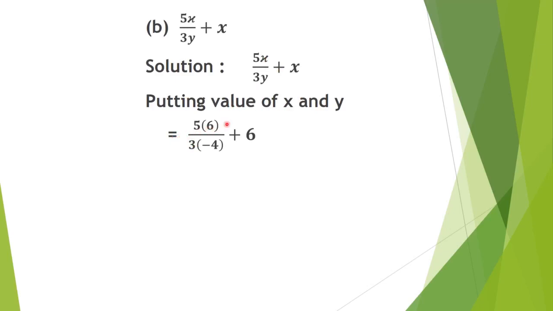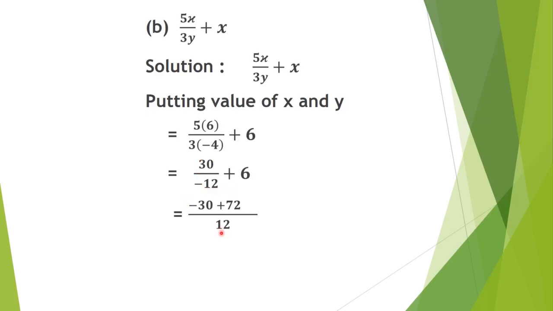So it is equal to 5 times 6 over 3 times minus 4, plus 6. In the next step, we have to multiply 5 with 6, the answer will be 30, and multiply 3 with minus 4, the answer will be minus 12. Plus 6 as it is.